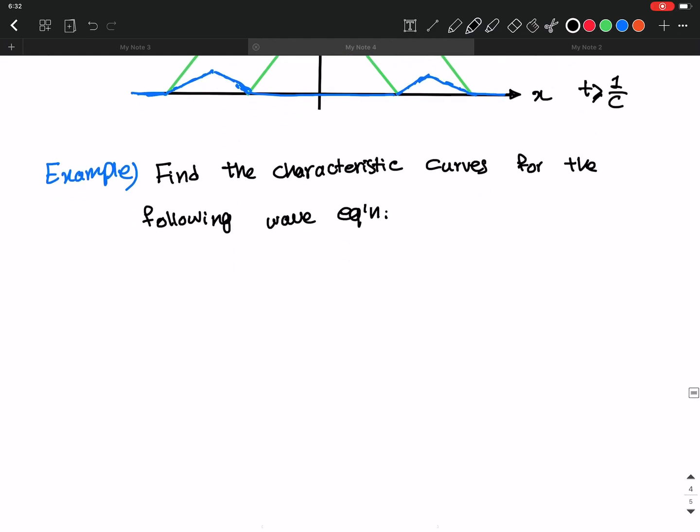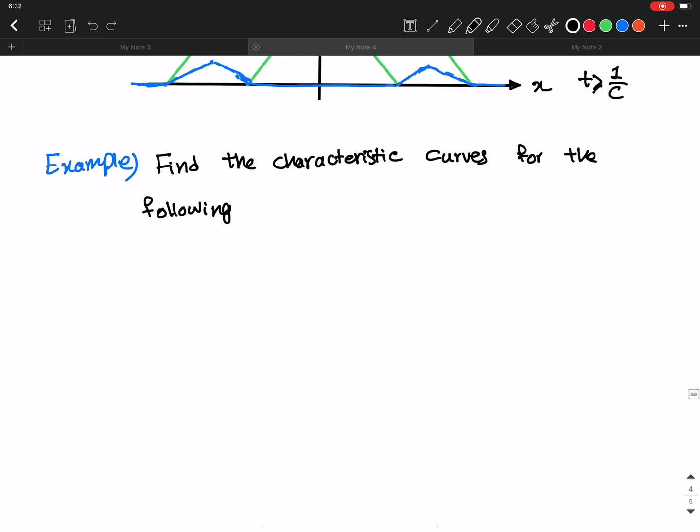Okay, so let me write it again. It is actually the following dynamic wave equation.